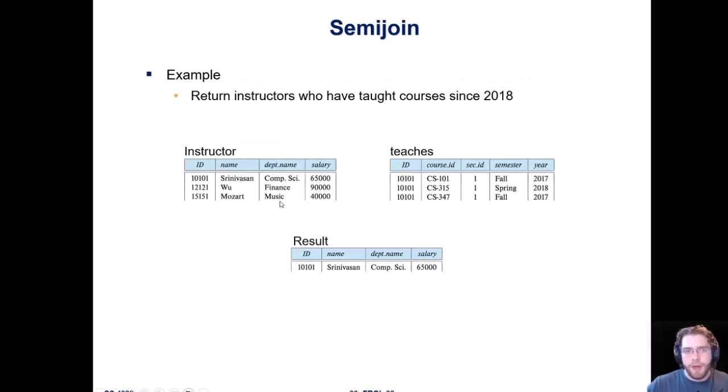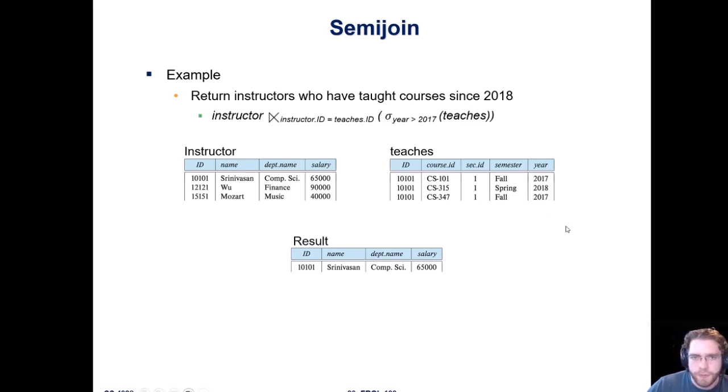So we can see here from our previous example, if we do a semi-join with instructor and teaches instead of our normal join, we're going to get back the ID of 101 from the first column here. We can see that the relation R is identical to our two columns here as well, but we also no longer continue from there, because this is the only one that we saw since 2018 that worked for that join, okay?